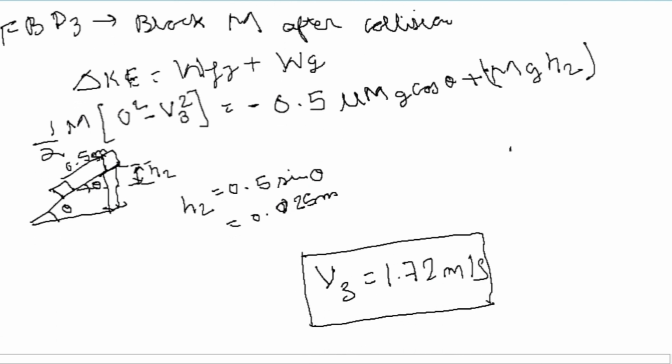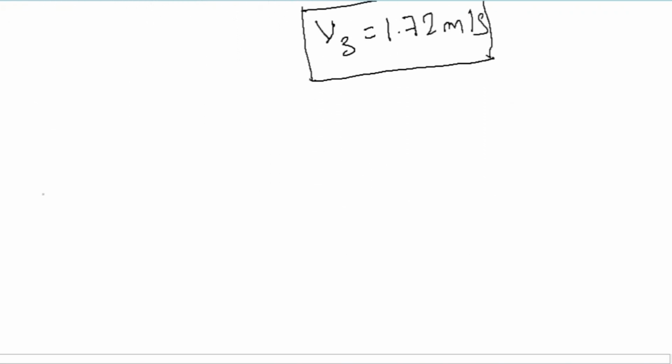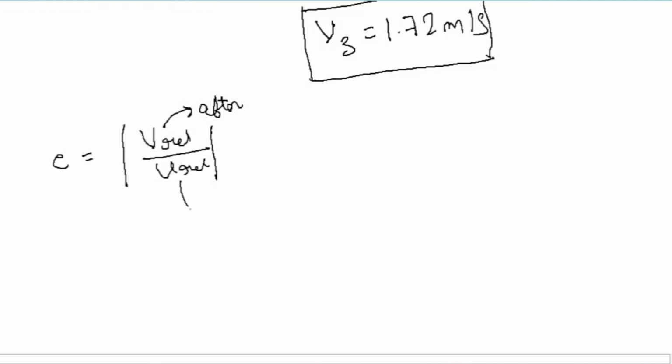Now, if we recall the formula of coefficient of restitution, then coefficient of restitution is equal to mod of final relative velocity upon initial relative velocity. This is the velocity after collision, and this is the relative velocity before collision.